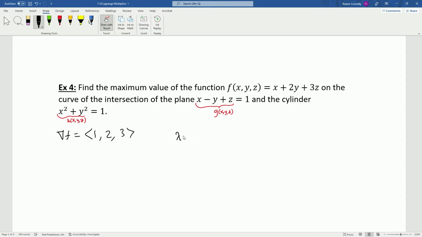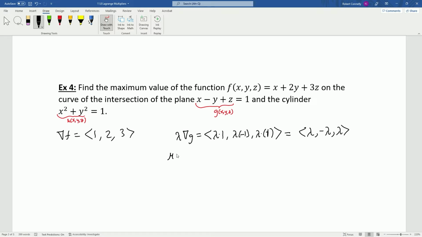So we want lambda times the gradient of g, which gives us lambda times the derivative with respect to x, that's 1. Then lambda times the derivative with respect to y, which is -1. And then lambda times the derivative with respect to z, which is 1 again. So just to clean that up a little bit, that's lambda, negative lambda, lambda.